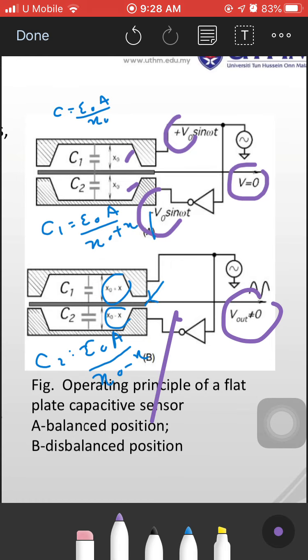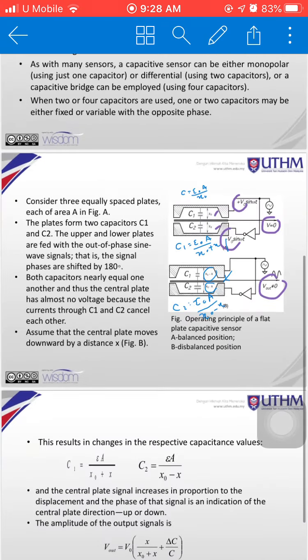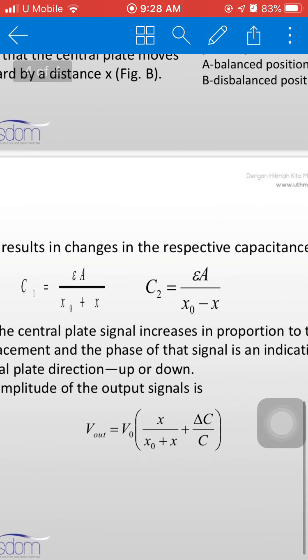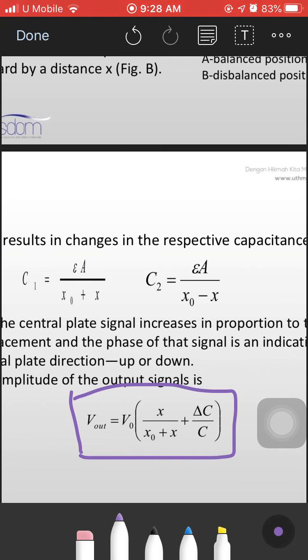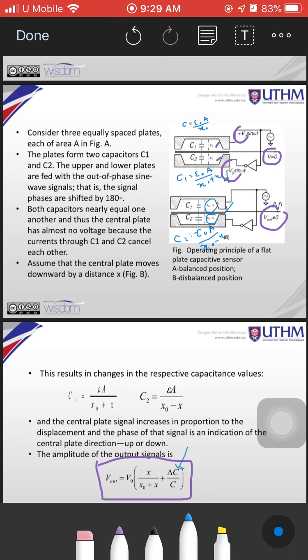We can use this equation: V R is equal to V naught times x over x naught plus x, plus delta C over C, where delta C is the change of capacitance. That is how the capacitive sensor works, how displacement makes a change and is detected by using a capacitive sensor.